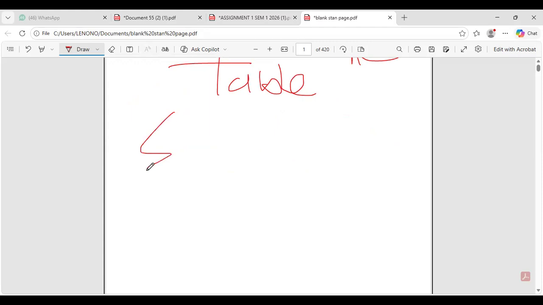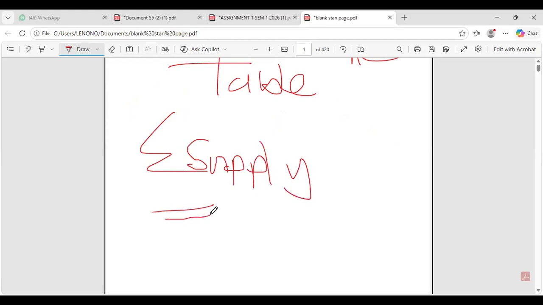The summation of supply should be equal to the summation of demand. This is on the aspect of balancing the table. Of course, the table is already balanced.